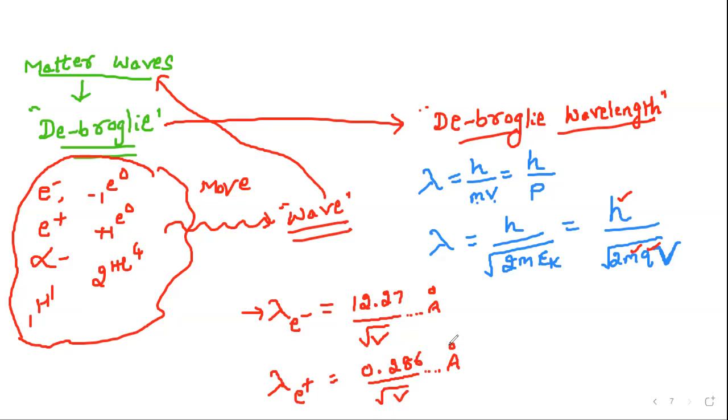It is 0.286 divided by root V, in angstrom. Then what is the de Broglie wavelength for deuteron? Deuteron means 1H2. Deuteron, 1H2. This +1e0 is also called positron.